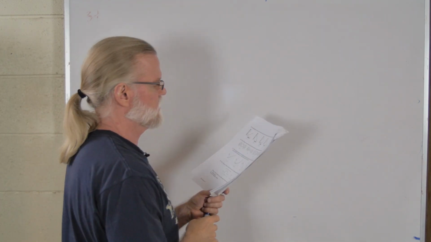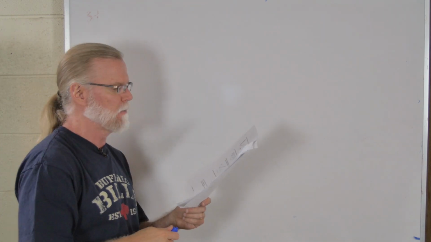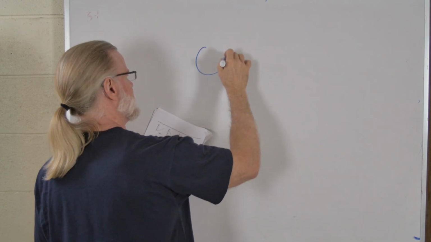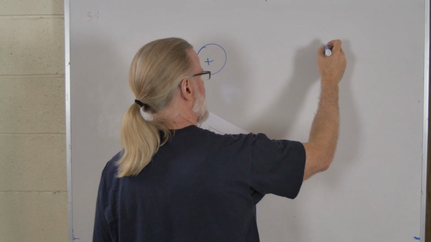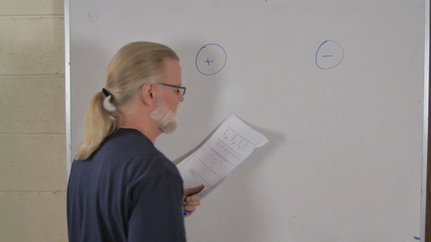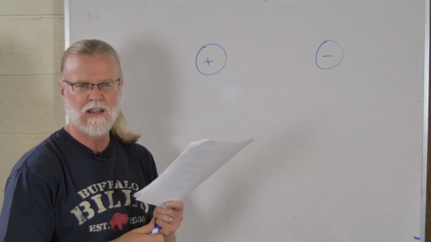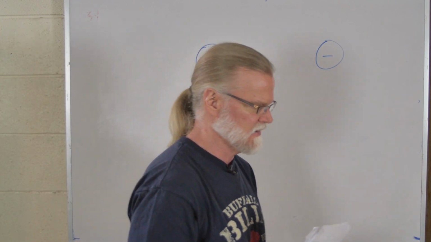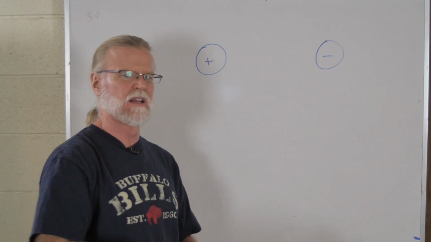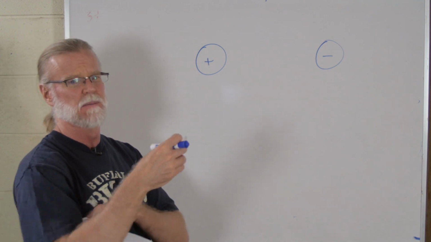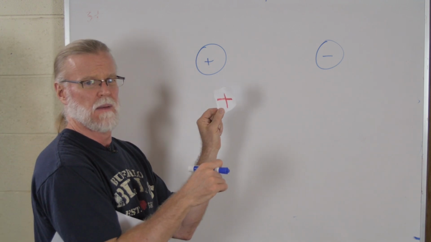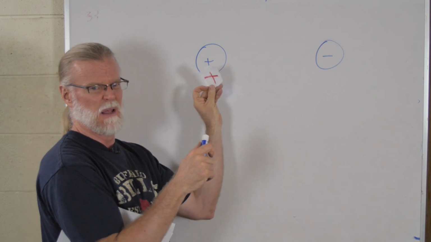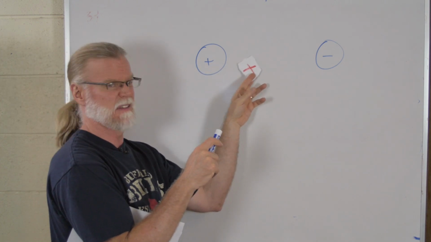Which diagram represents the electric field between two oppositely charged conducting spheres? All right, we have this charged object, we have this charged object. Conveniently, they've oriented them the same way in all of these. Let me get a positive test charge. Here's my positive test charge. I'm going to do a thought experiment. If I put my positive test charge in around this, somehow space has changed.